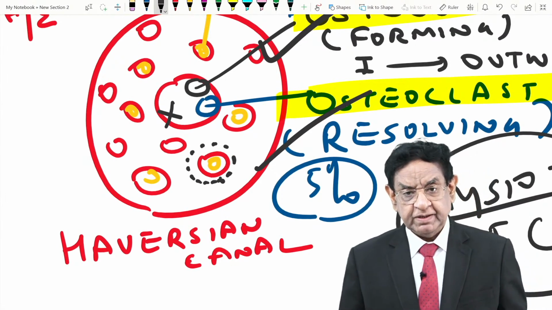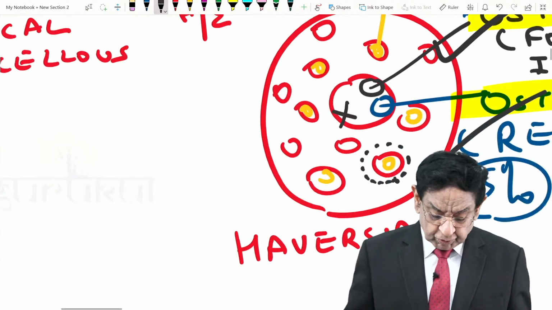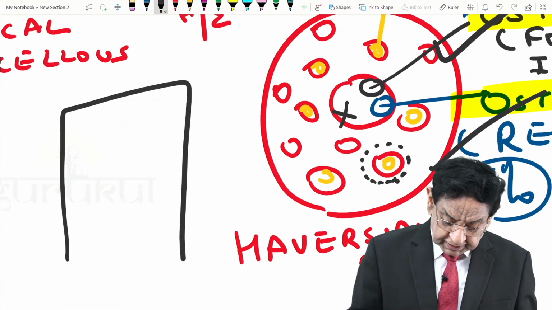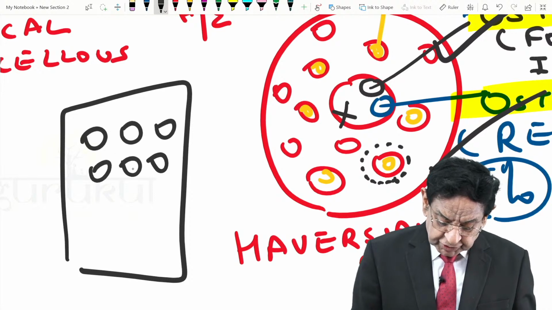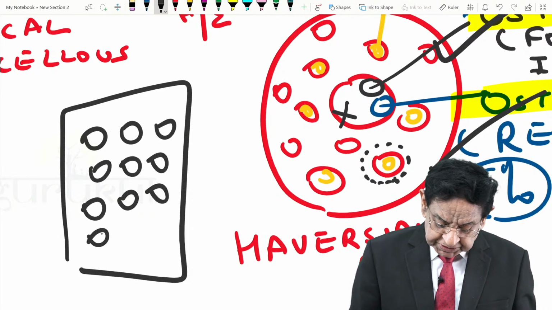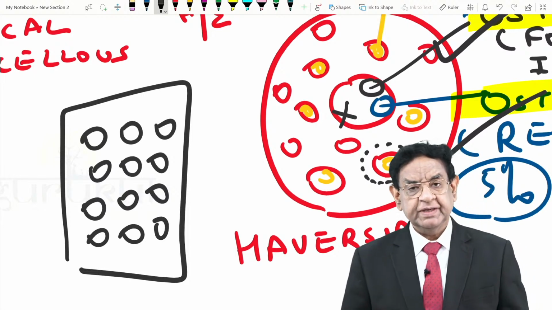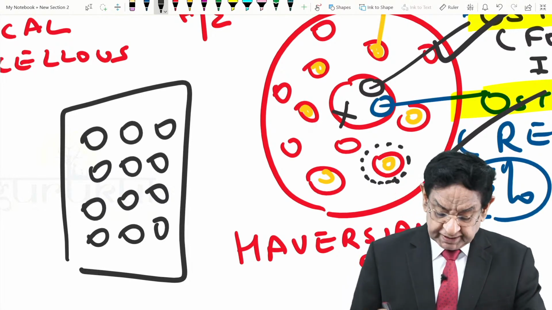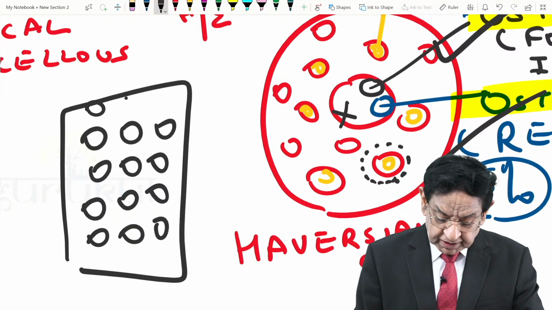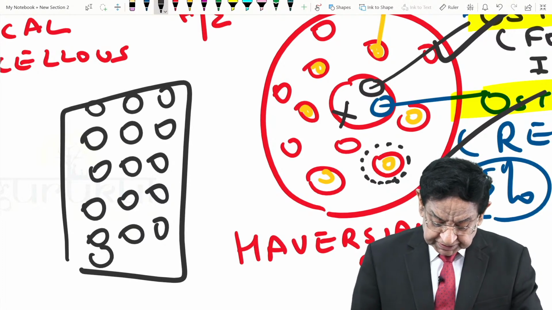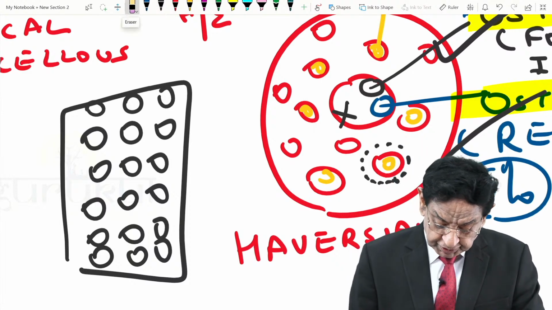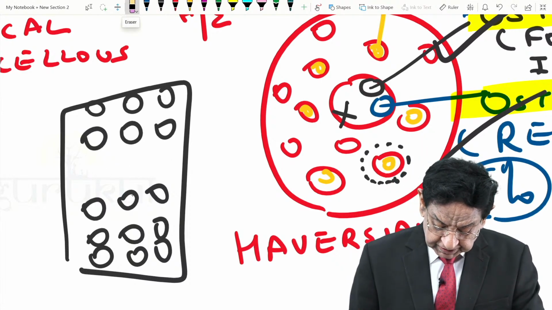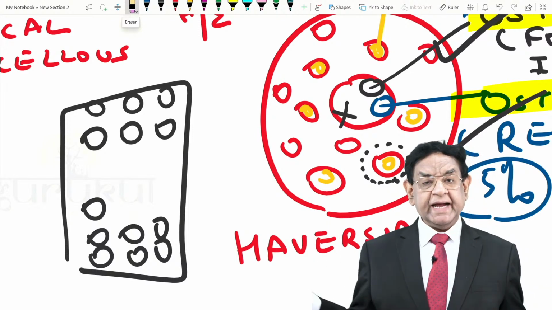Day-to-day example: suppose in a room, assuming a classroom, chairs are like this, and the room is full of chairs, no space. Now you remove certain chairs. Oh, you are getting empty space.